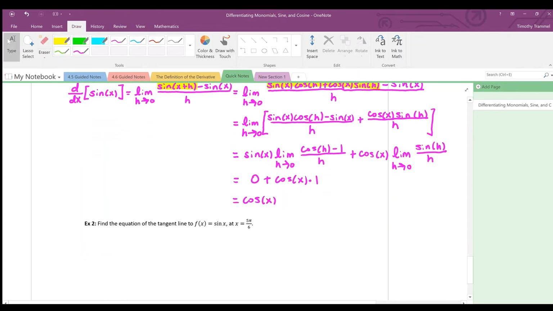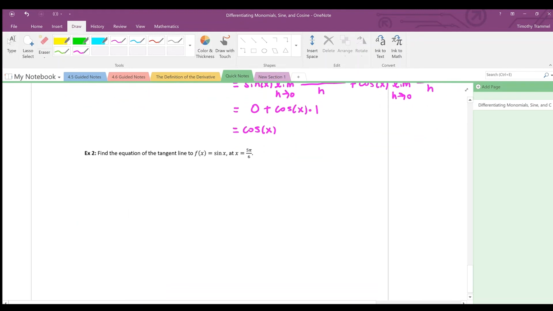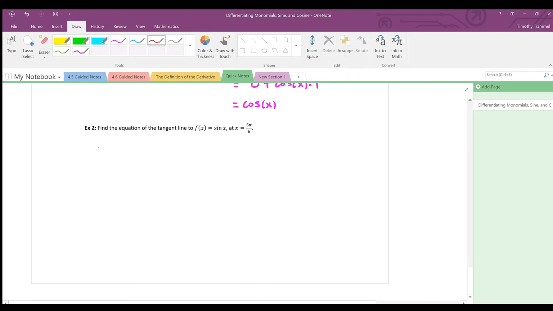All right, now let's actually use this formula. Let's do an example. Let's go ahead and try and use our new derivative. We know that if f is equal to sine of x, then its derivative is just cosine of x. And we want to find the tangent line that goes through the curve at x equals 5 pi over 6.